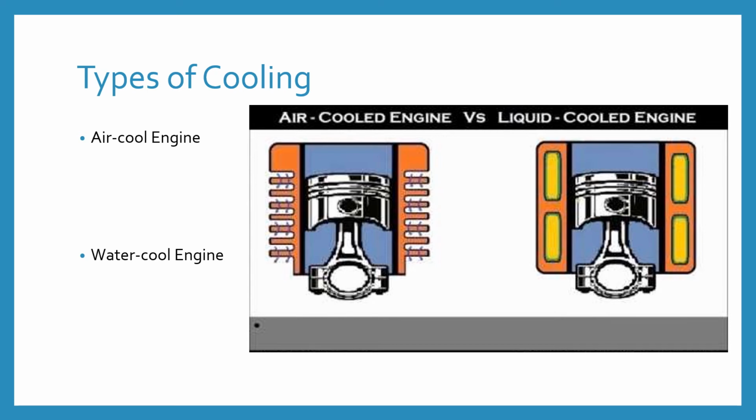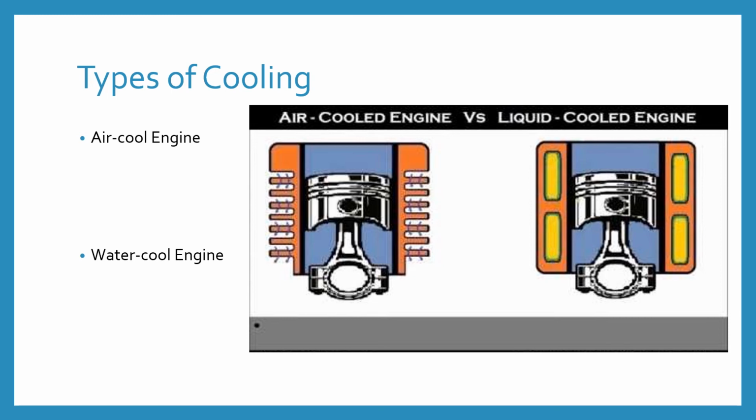There are two types of cooling system used: one is the air cooled engine and the other is the water cooled engine. The air cooled engine has fins which help to dissipate the heat from the combustion chamber.